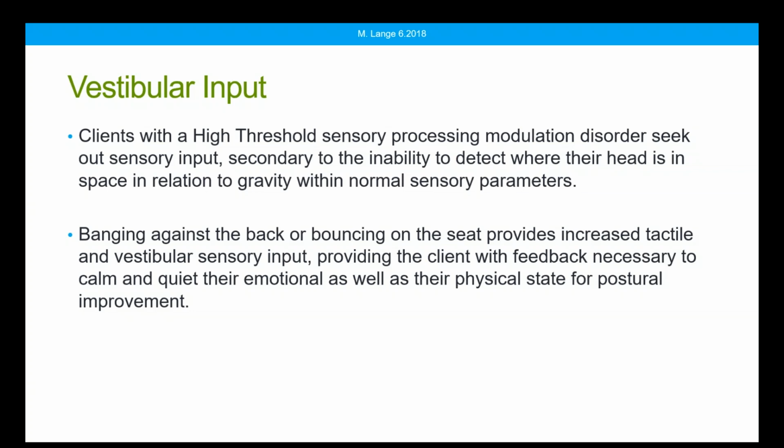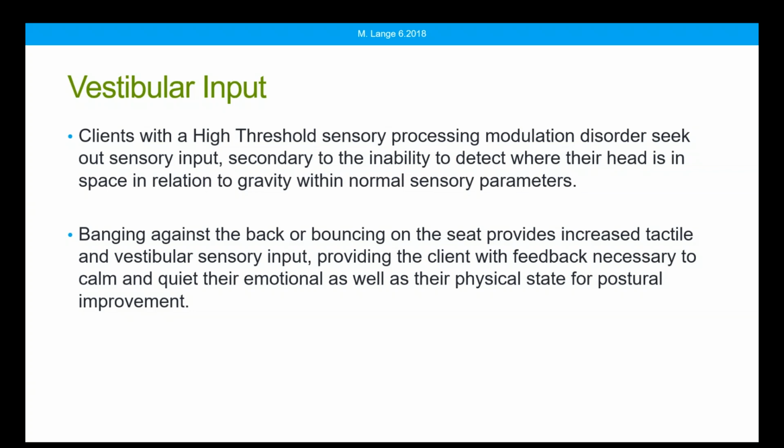So it's important to provide that movement, and some of that ideally needs to involve the head to help push that threshold up until this is registered. Banging against the back of the seating system or bouncing in that seat provides increased tactile and vestibular sensory input.